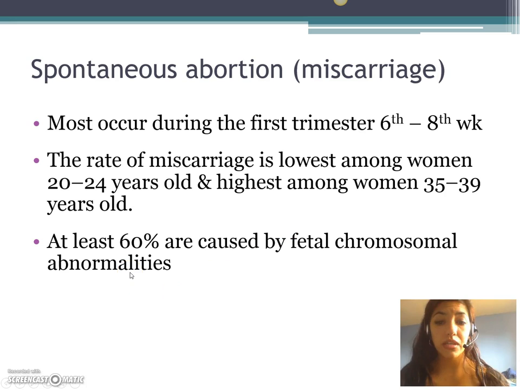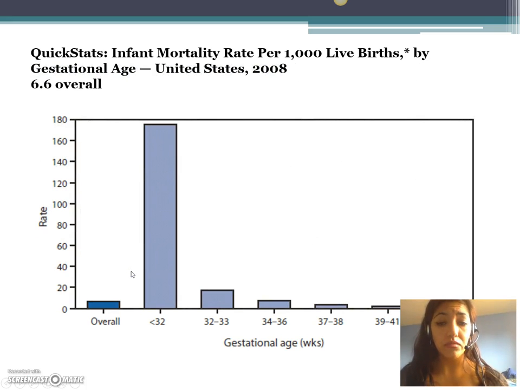Over half of these miscarriages are due to abnormality in terms of chromosomes. So that's usually causing the miscarriage. And just some quick stats as of '08. So you can see the overall miscarriage rate, but you can see those under 32 weeks gestational age, because we look in weeks instead of months.